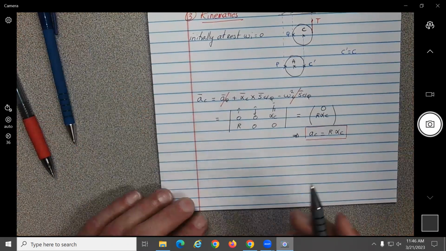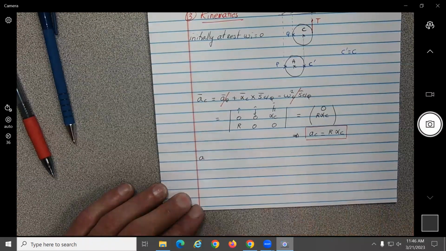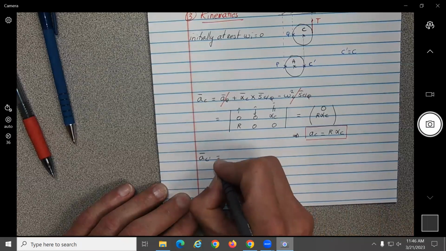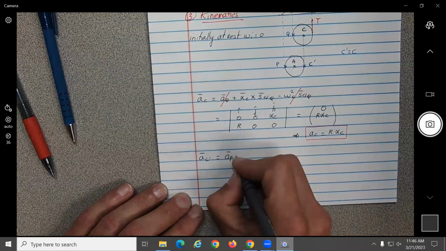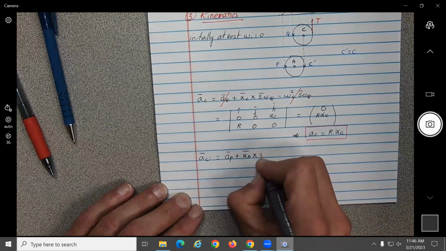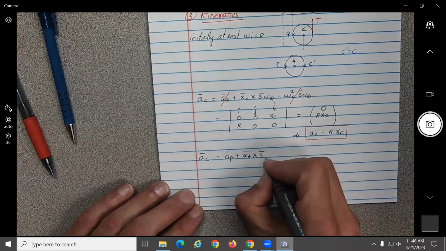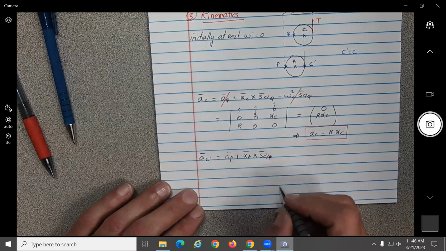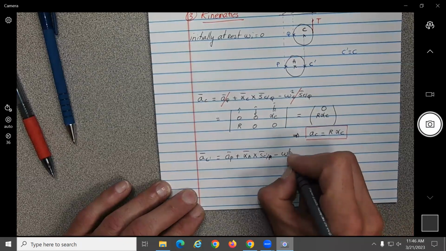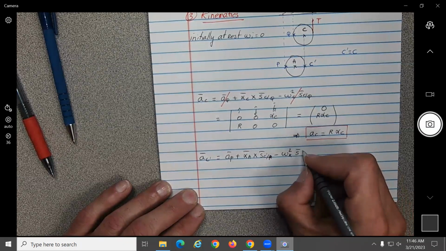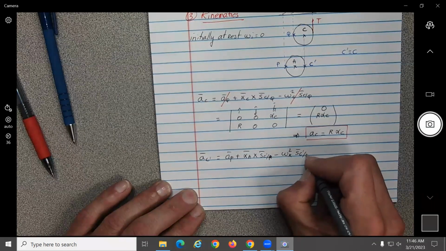So this one's going to be a bit more involved, or not, but acceleration of C prime from point P will be acceleration of P plus alpha of A plus S of C prime with respect to P, minus omega A squared S of C prime with respect to P.